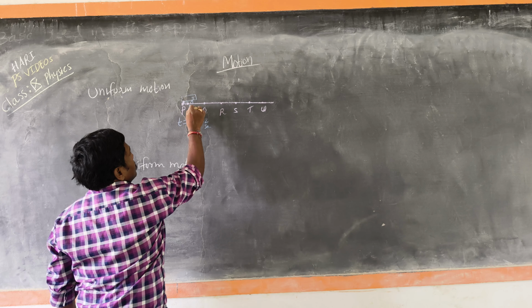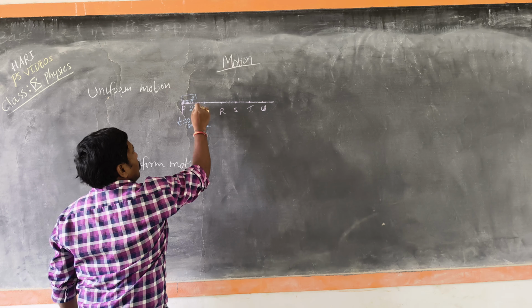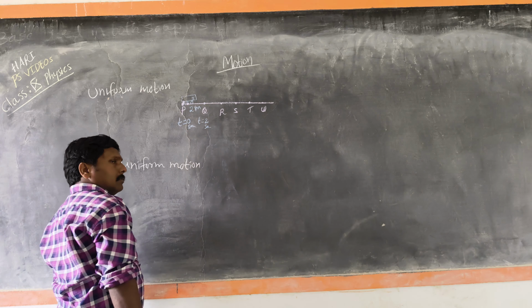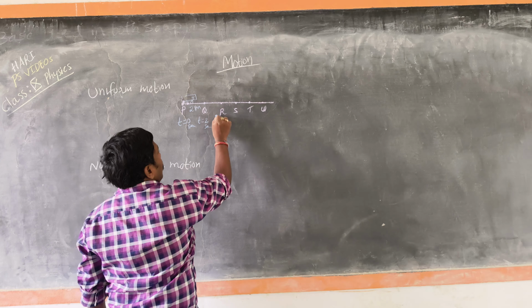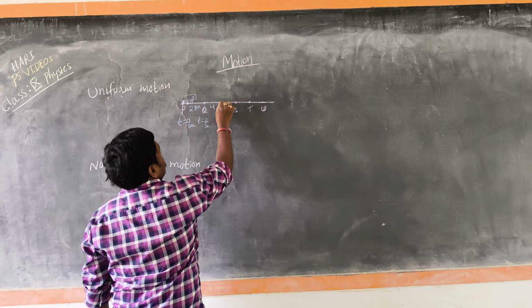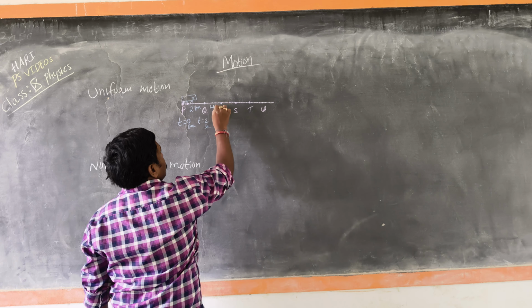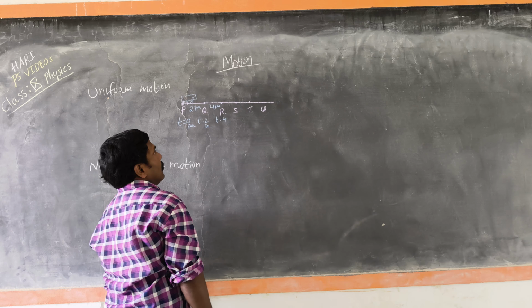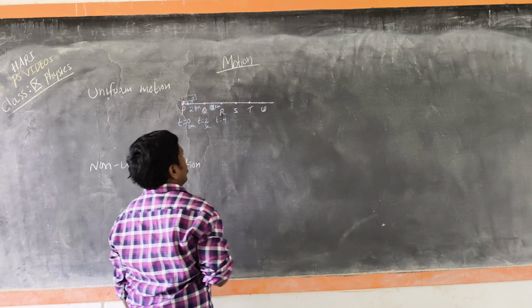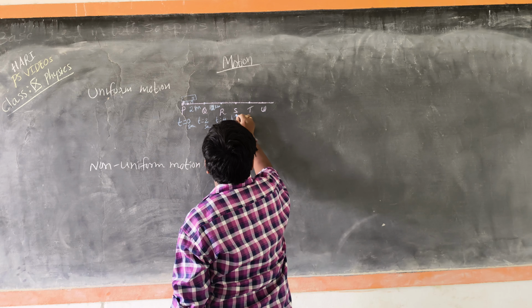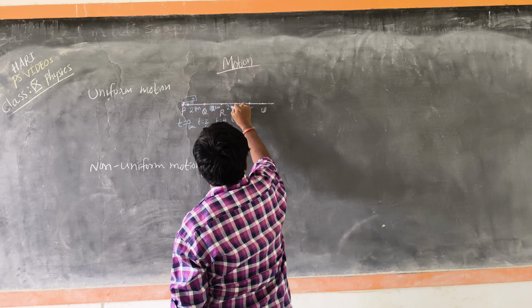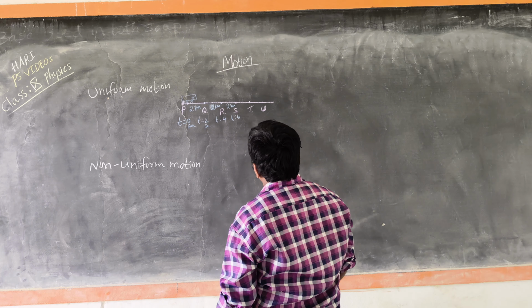So it covers, for example, 2 meters. Then after time 4, it is at R, also covered 2 meters. Then at time 6 seconds, it is at S, also covered 2 meters.